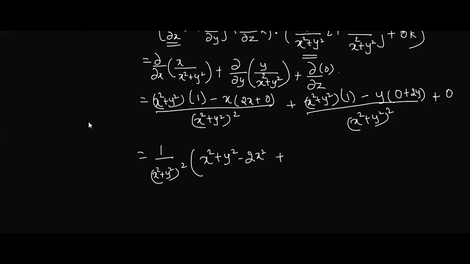The same way again: x square plus y square into 1 is the same, minus y into 2y means minus 2y square. See what happens? x square plus x square is 2x square, which cancels with minus 2x square. Again y square plus y square is 2y square, which cancels with minus 2y square. What remains in the bracket? 0. So 0 divided by x square plus y square the whole square is 0.